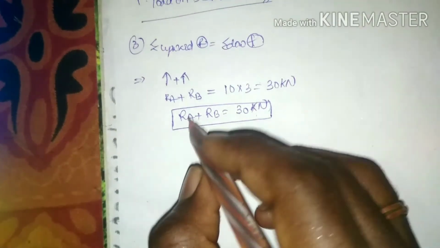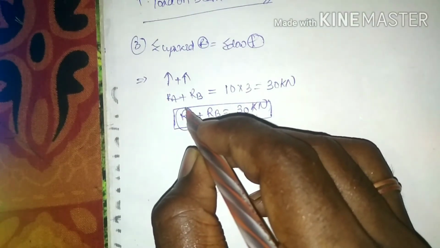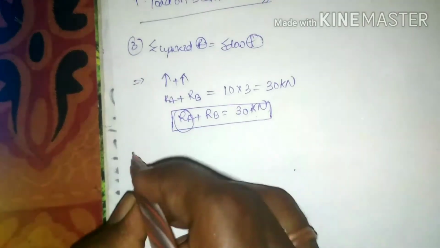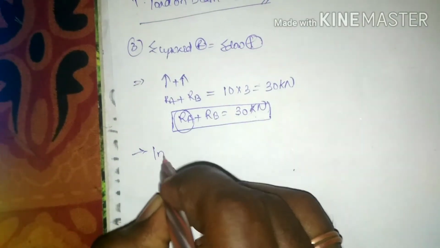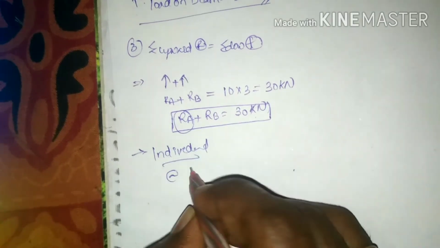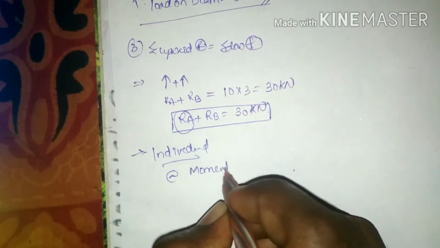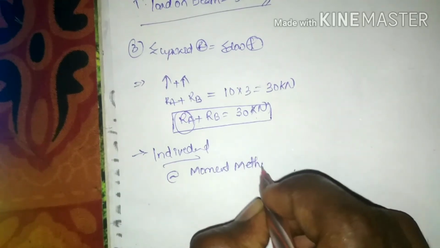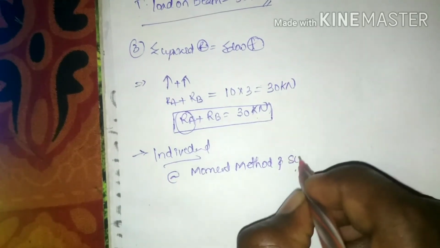Here we have the combination of RA and RB as 30 kilonewtons. We don't know the individual reactions, neither RA nor RB. To find these individual reactions, we have the moment method and substitution method to follow.